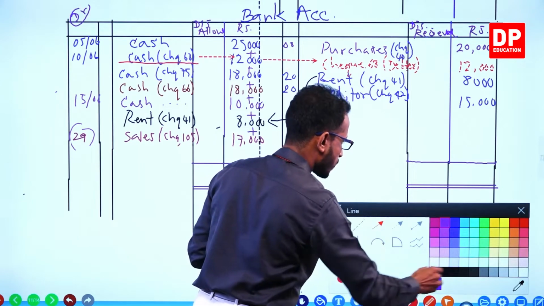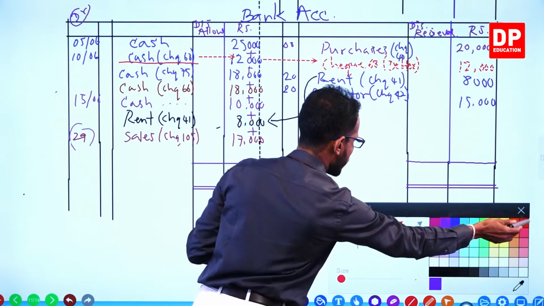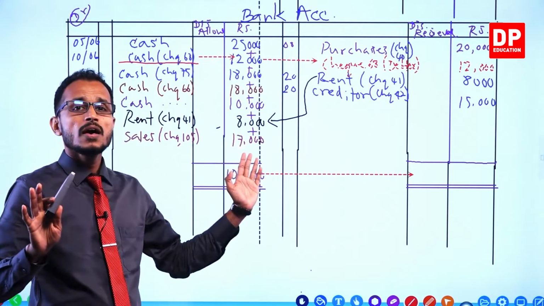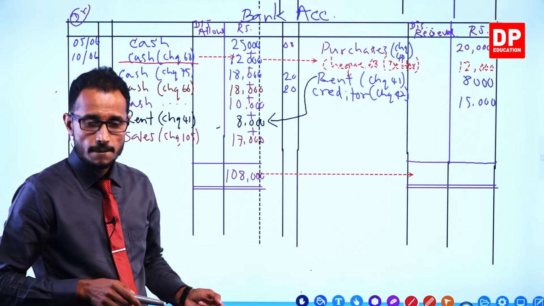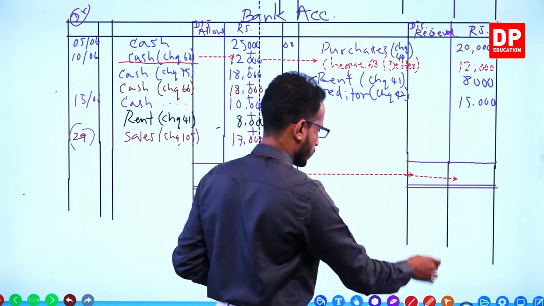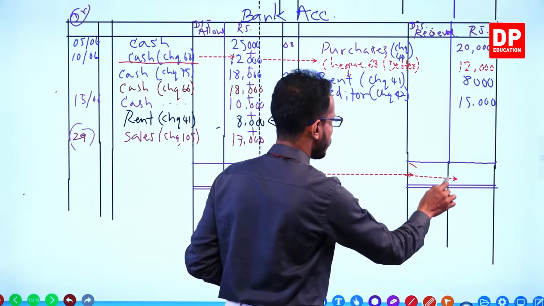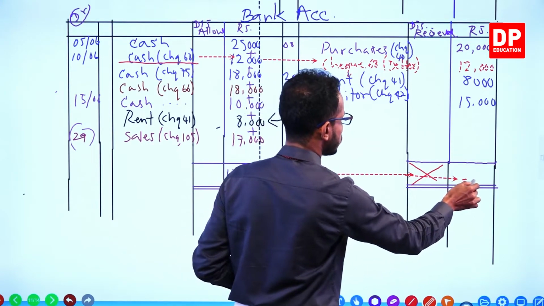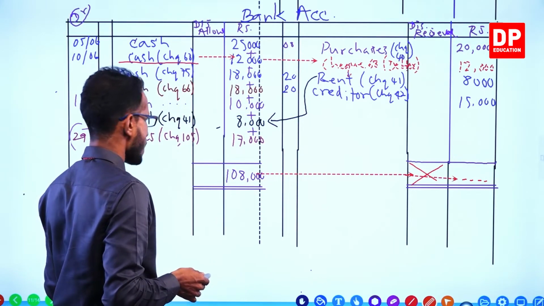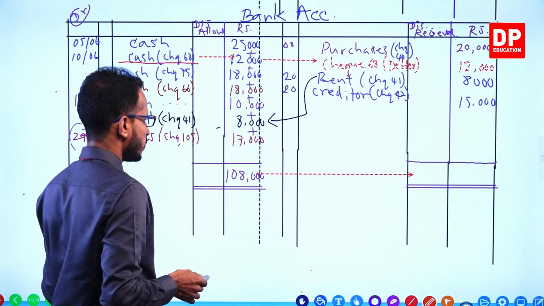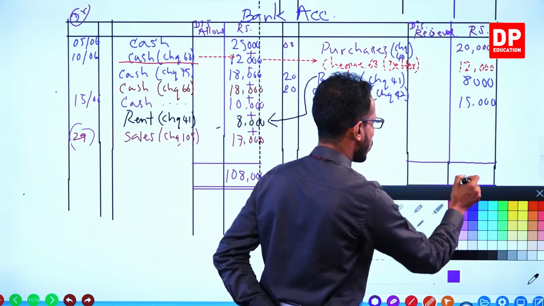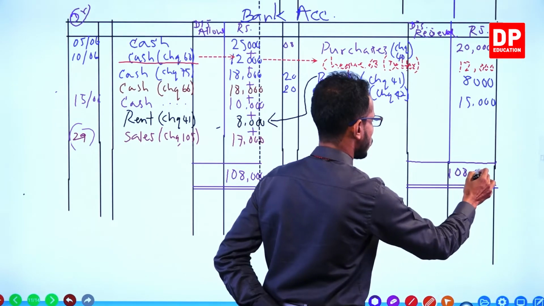The same should be mentioned on the credit side, the same as you balanced the cash book. All right. Not here, not in this column. In this column. Okay. So 108,000 on the credit side amount column.